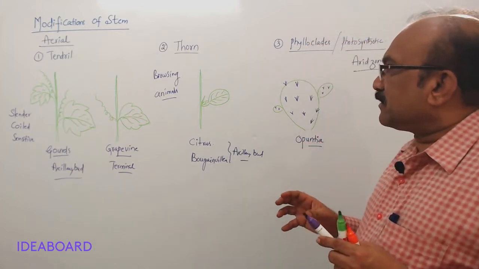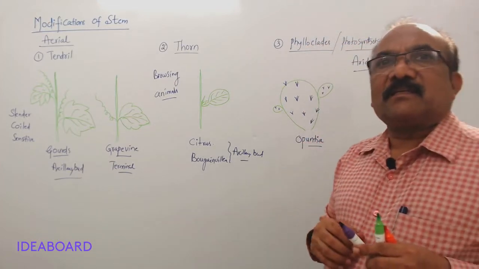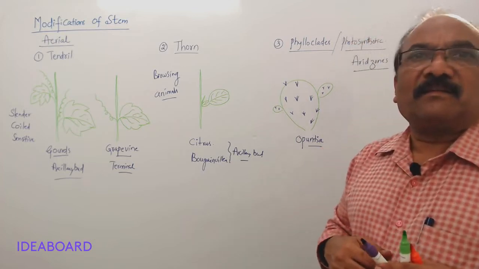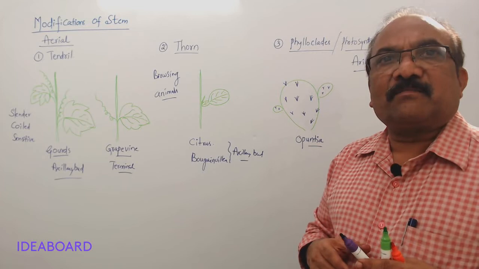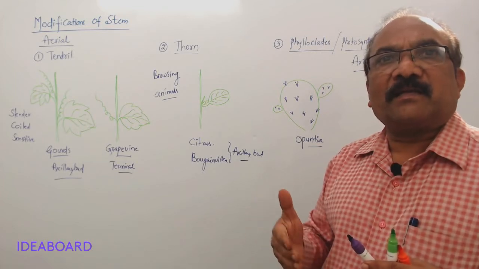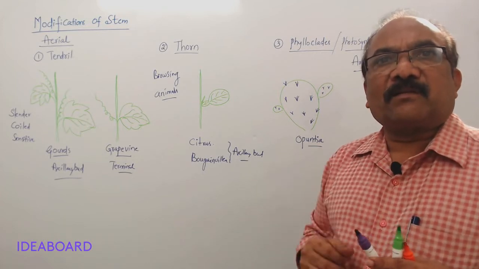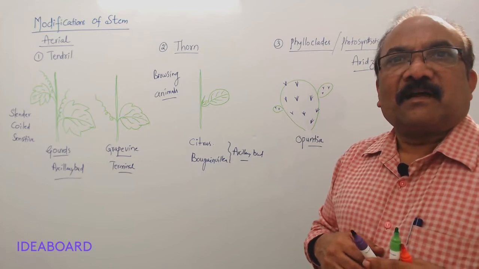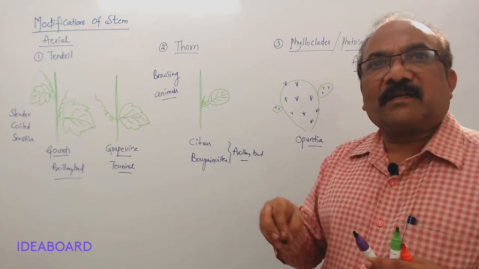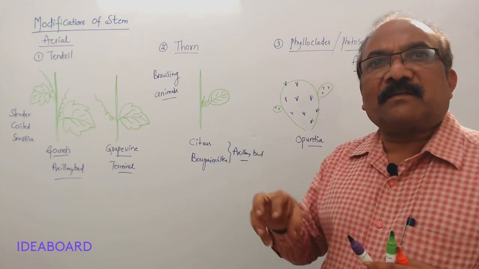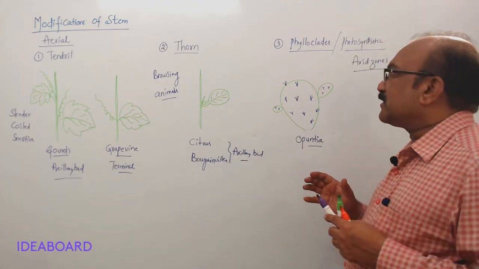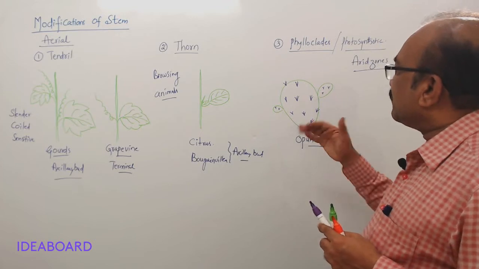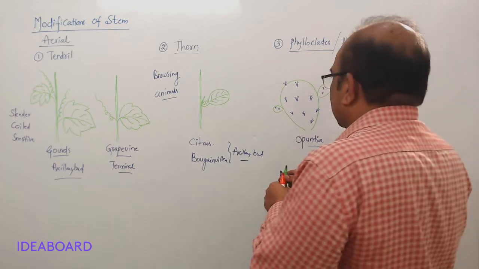When they are growing in such areas, they have to conserve the water. And how to conserve the water? You know that most of the water is wasted by plants in the form of vapor, and we call that transpiration. This transpiration occurs through stomata, and these stomata are mainly concentrated in the leaves. So that's why these plants have their leaves modified into spines.